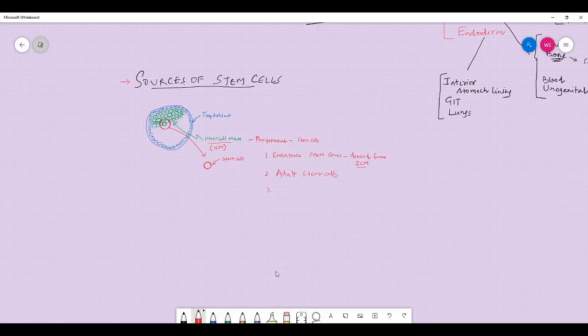The third source of stem cells is the cord cell and the amniotic fluid.